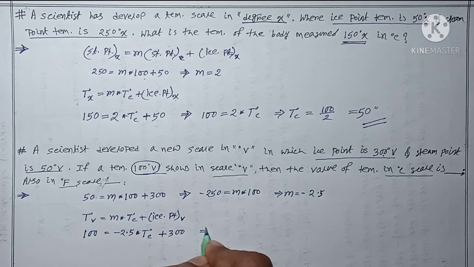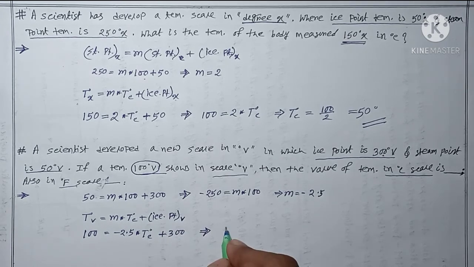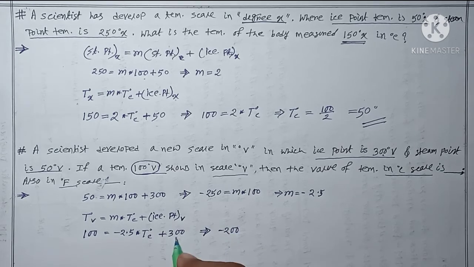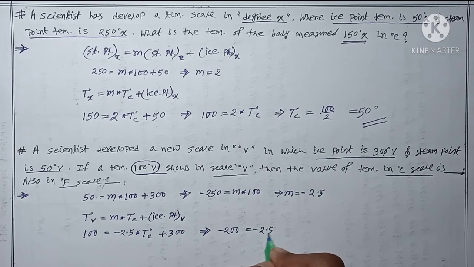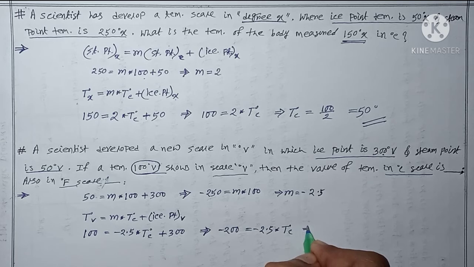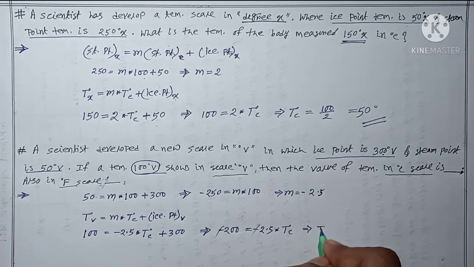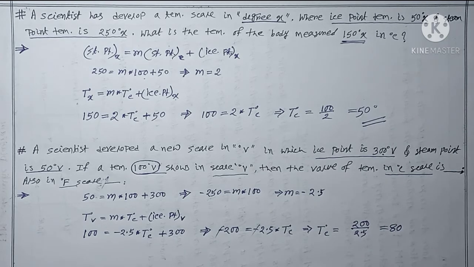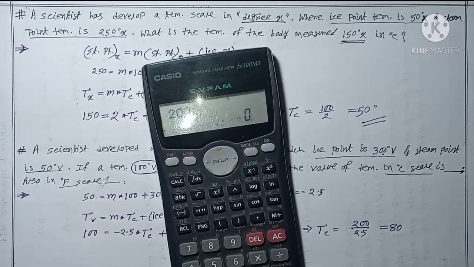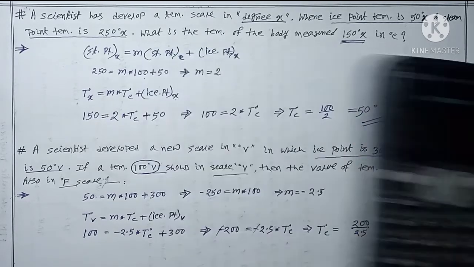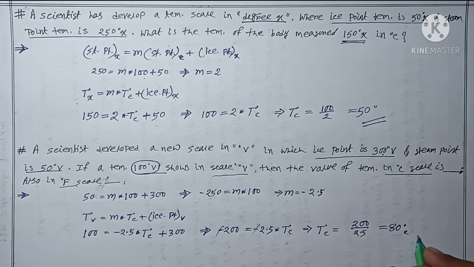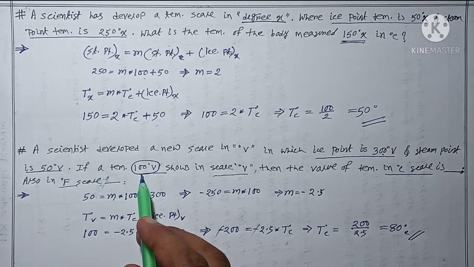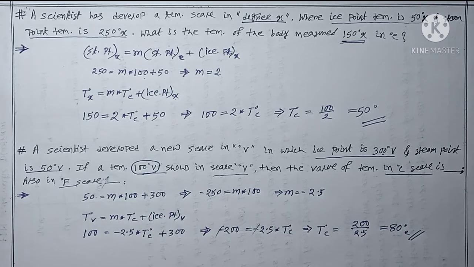So if we take this 300 to this side, we get minus 200, because minus 300 plus 100 means minus 200, is equal to minus 2.5 into T degree centigrade. So the minus signs cancel out. T degree centigrade is equal to 200 by 2.5, which is nothing but 80. Am I right? Let me check: 200 by 2.5 is nothing but 80. So 80 degree centigrade is the value which shows as 100 degree in V scale. So it is clear.